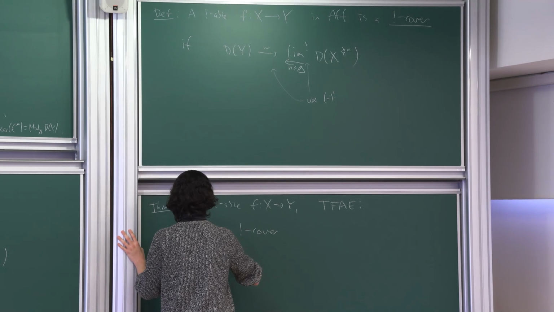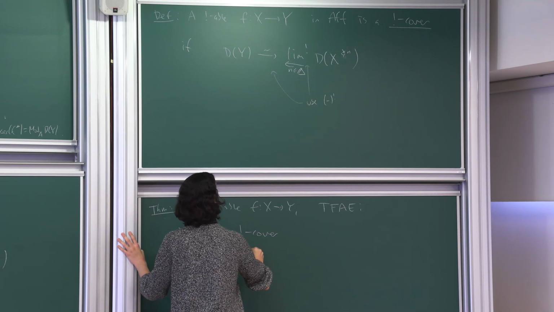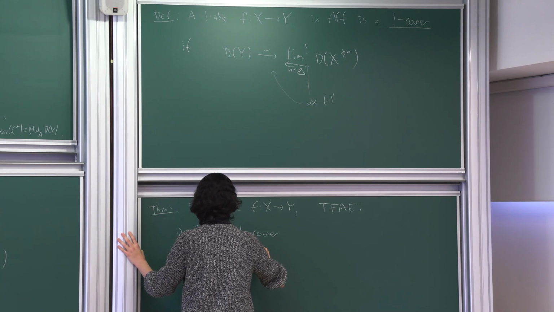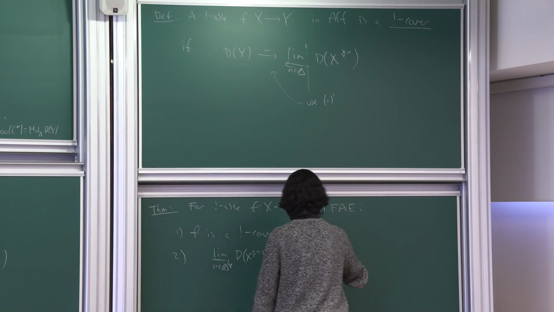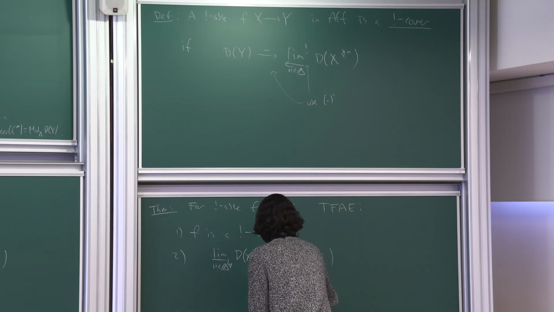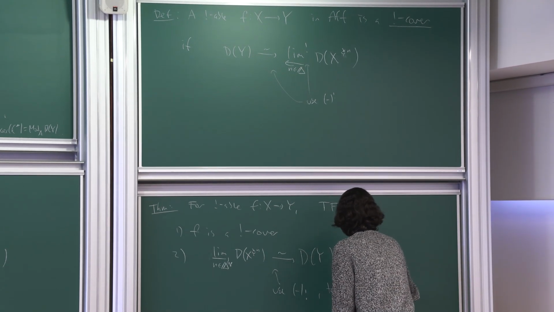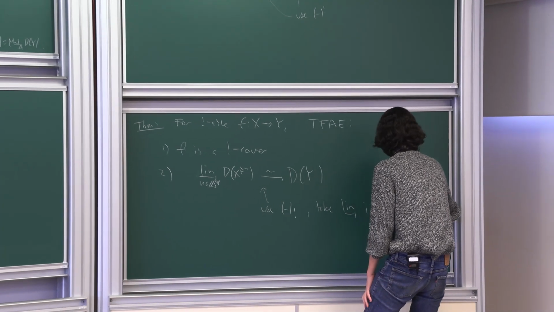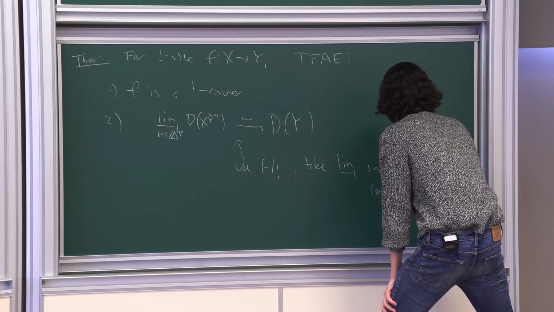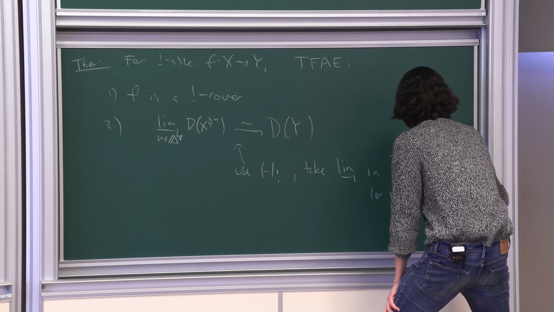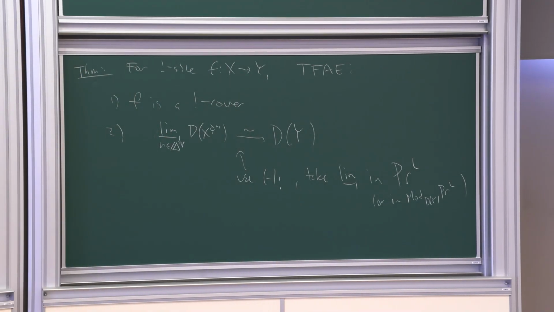So if you take the colimit over n in delta op of d of x plus y n, here you use the lower shriek functors and take the colimit in this category PrL, or in modules over d of y in PrL, then you get an equivalence.